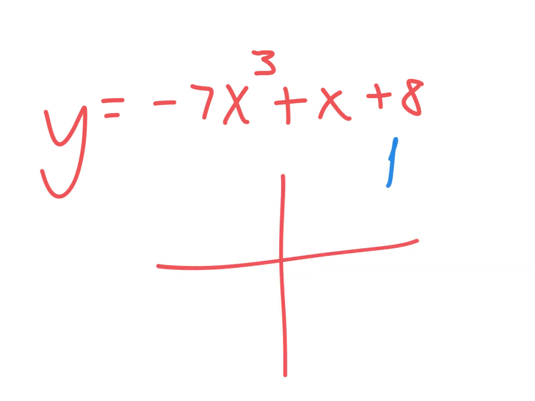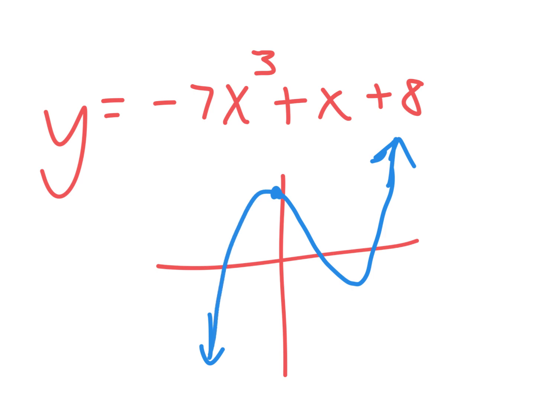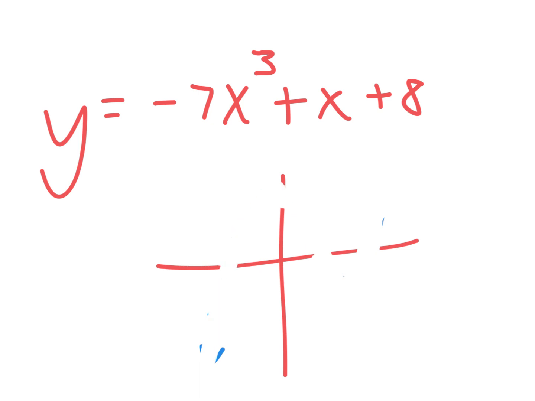Like if I think it's up on the right, I think the y-intercept is 8, and then I think it's down on the left, then I could draw something like that. That is totally wrong. But try to figure out what is a sketch that could possibly be right. Just kind of sketch what you think it should be. You know the y-intercept, and you should know both ends.